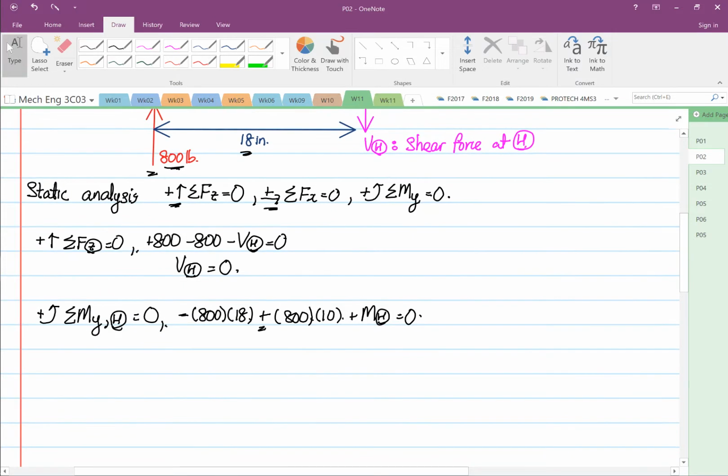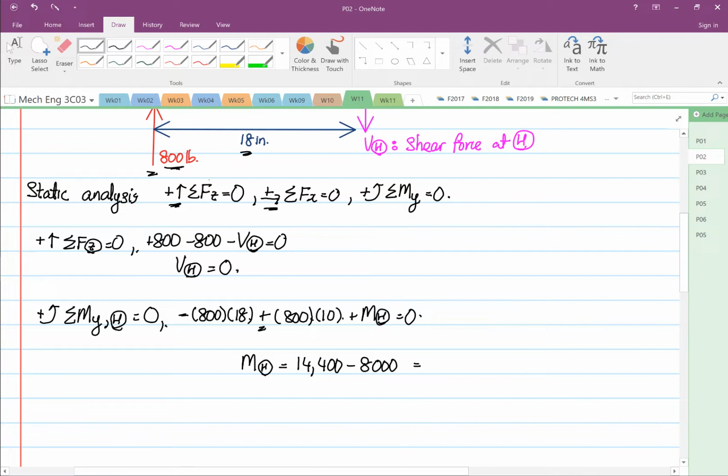So when you calculate MH, the moment at H is equal to 800 times 18, which is 14,400, minus 8,000.